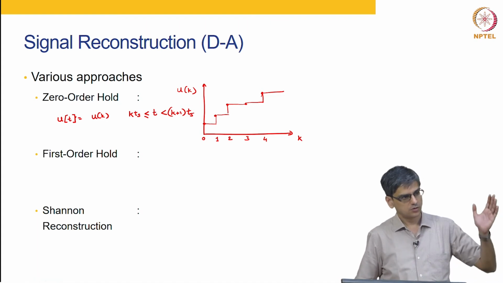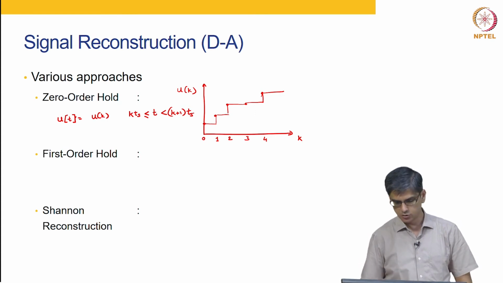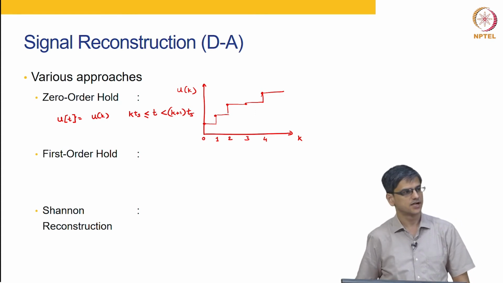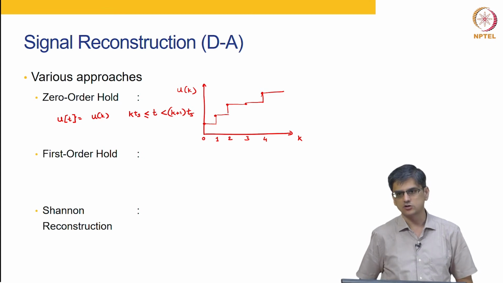So, from time k to time k plus 1, u is held at that value, that is zero order hold. Then there is something called first order hold.